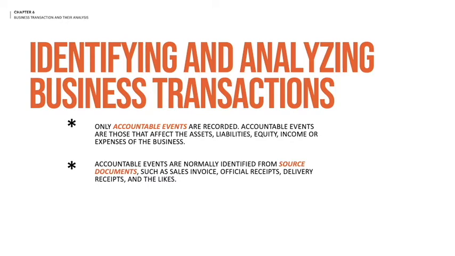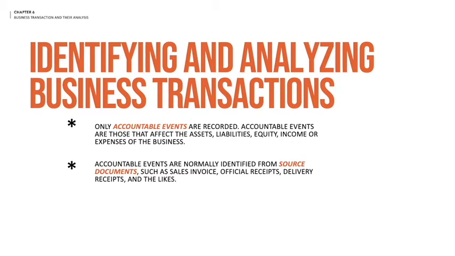As an accountant, we gather information from source documents, or the receipts that we receive. In the first step, it involves identifying the business transaction, and we will analyze if these business transactions affect the records or accounts of assets, liabilities, capital, income, or expense.